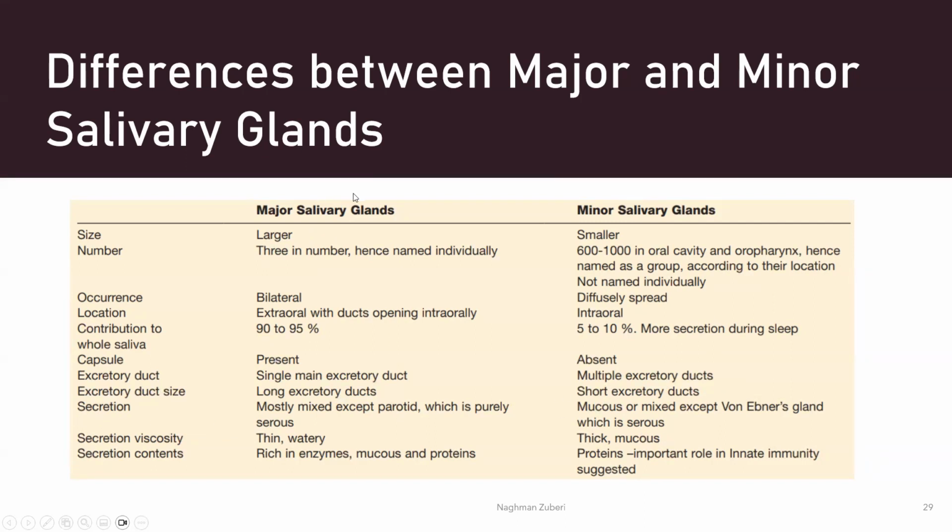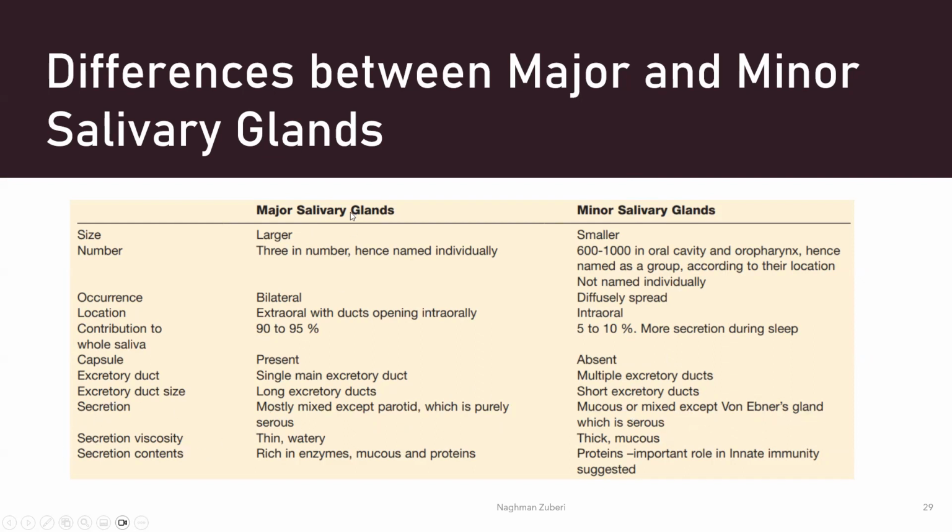Secretion of major salivary glands is mostly mixed except the parotid, which is purely serous. Whereas minor salivary glands are mucous or mixed except von Ebner's glands, which are completely serous. One, Ebner's, a question can be asked on that. As I always say, where there is an exception, expect a question.